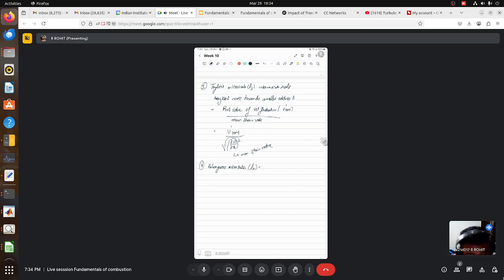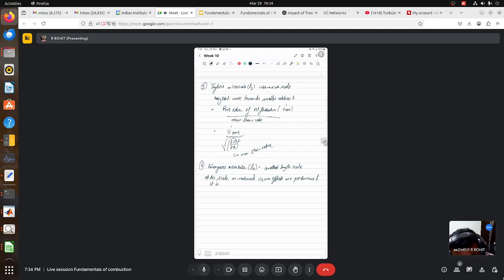This is the smallest length scale that is possible, and at this scale, as mentioned, the viscous effects are predominant.